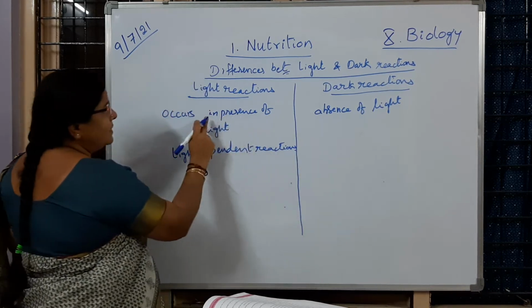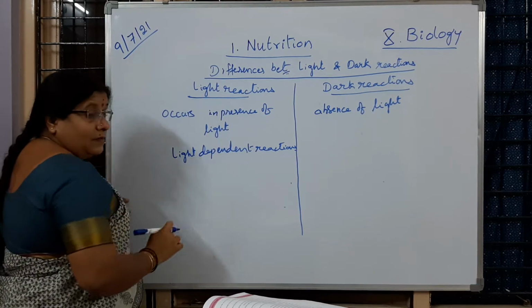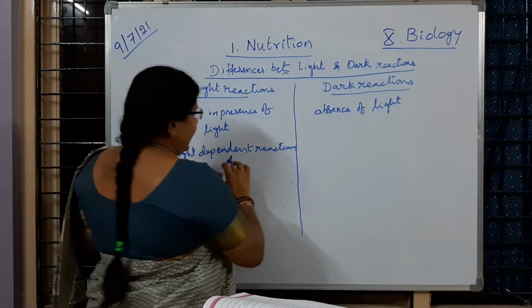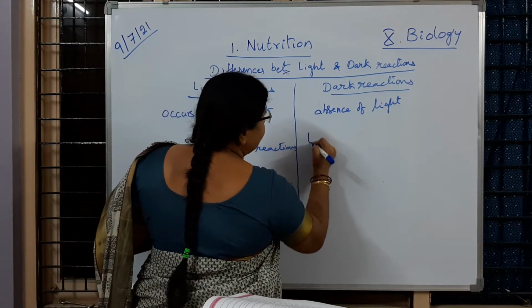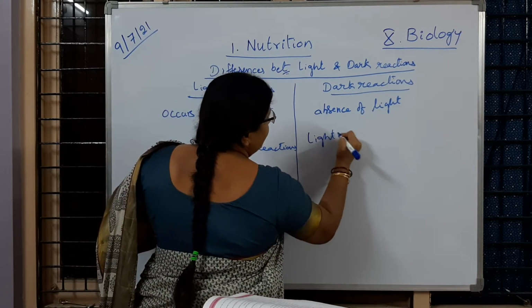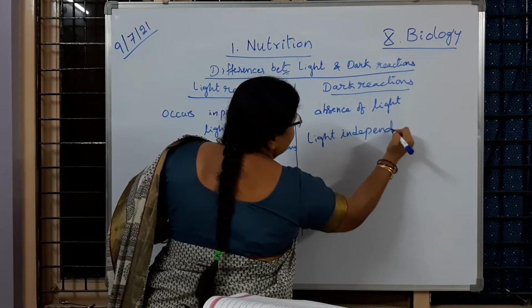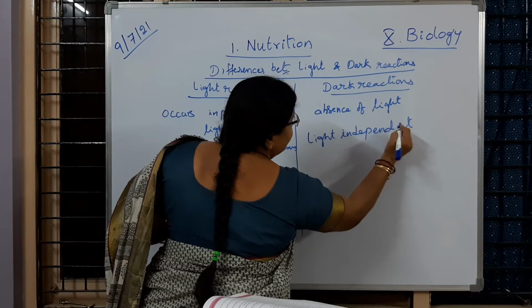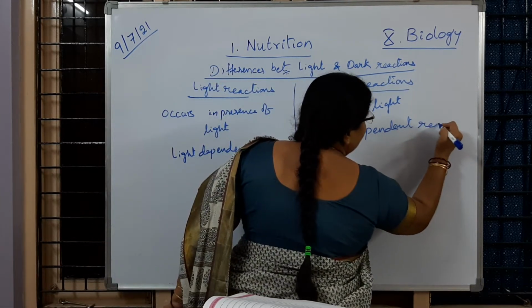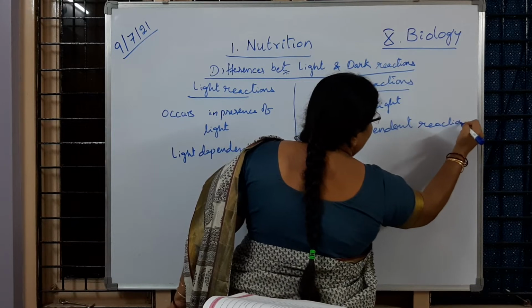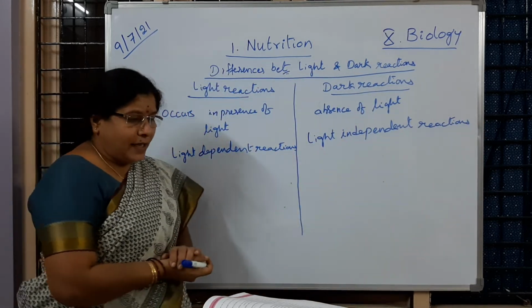So already we learned light is needed. All the reactions are very much in need of light, so that's why they are called light dependent reactions. Here, dark reactions are light independent reactions. Is it clear to you? Light independent reactions.